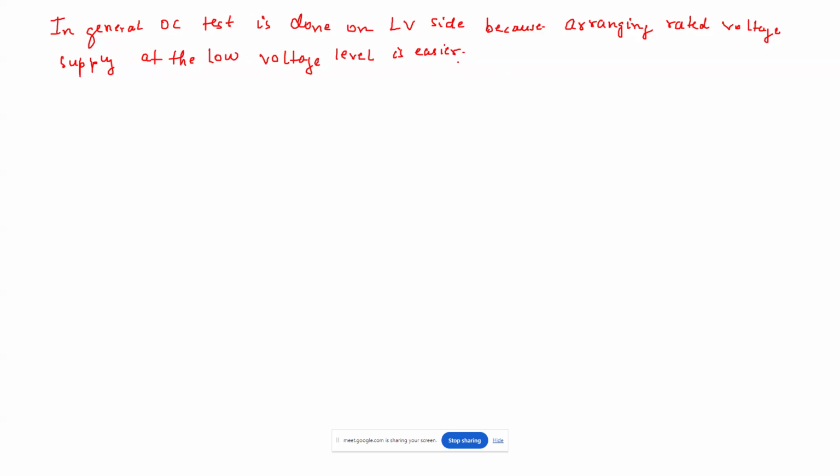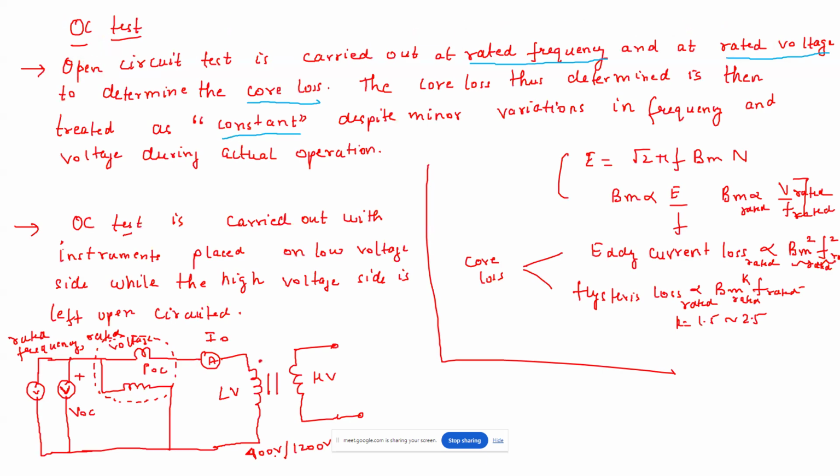Another reason is that it is safer to operate at low voltage level, right? Suppose for example this is a 400 volt to 1200 volt transformer. In generally labs, in your colleges, you will see that a 400-volt supply is available.